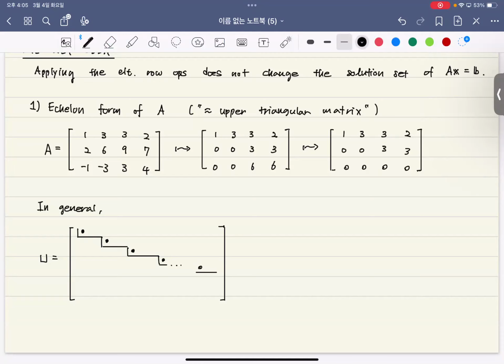I hope you understand. This is the echelon matrix, or a matrix in echelon form.